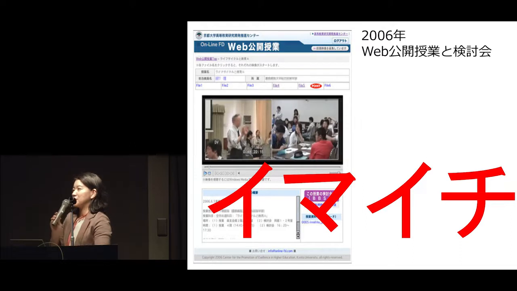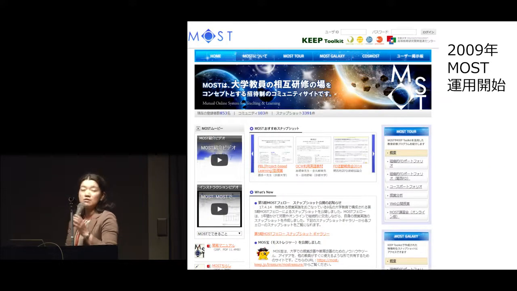Now, why? Because it's easy for you to speak up and make comments. However, writing comments on the bulletin board on the website is very difficult. I mean, you receive pressure before you write because you don't know the background information about the class and the professor. And so we started MOST in 2009.